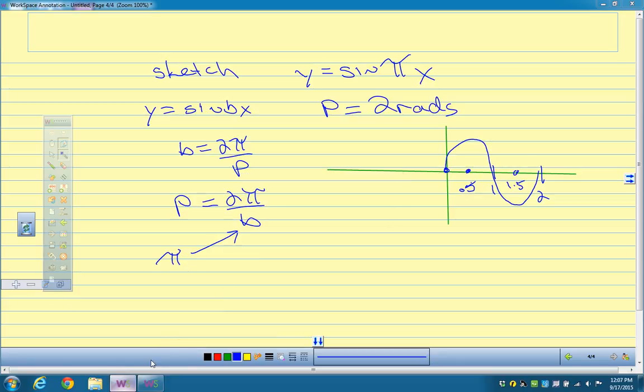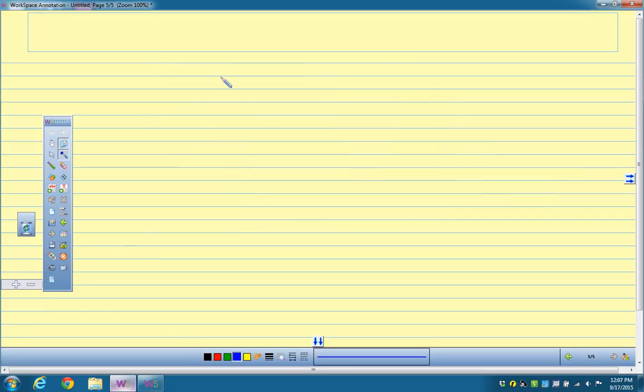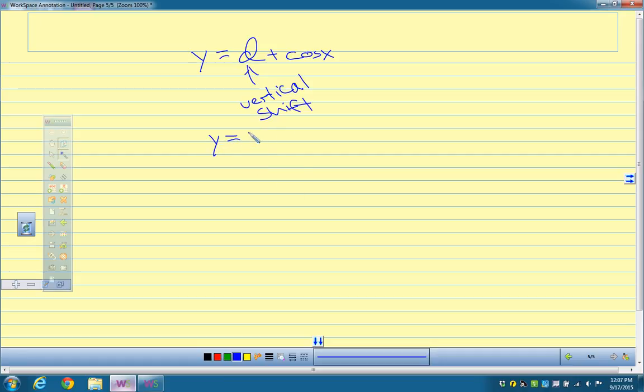So, vertical shift is if I have y equals d plus sine or cosine. So I'm going to just write cosine of x. D is the vertical shift, up or down. You kind of realized that in your lab that you did the other day? So if I did y equals 3 plus cosine x, the way I would graph that is I would make an xy axis.